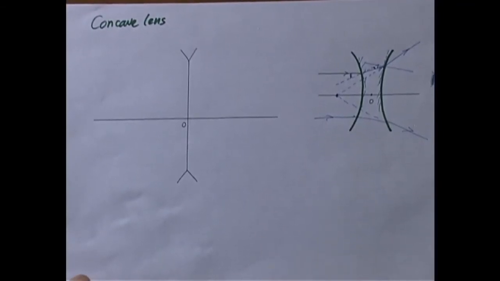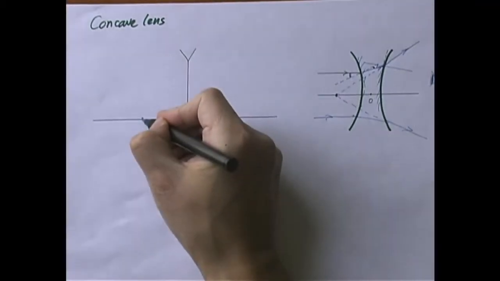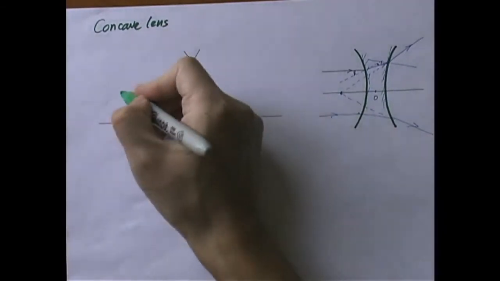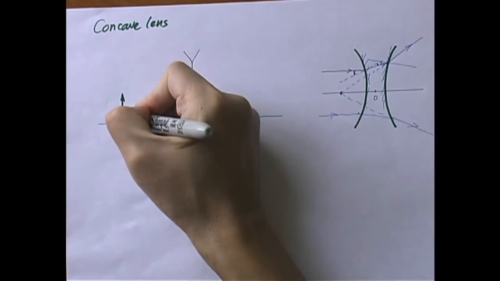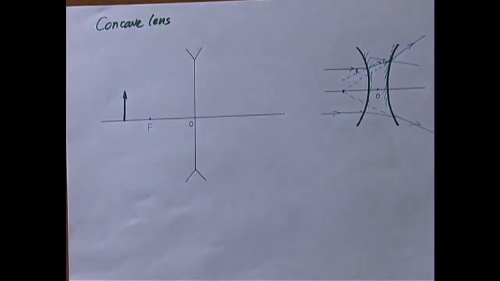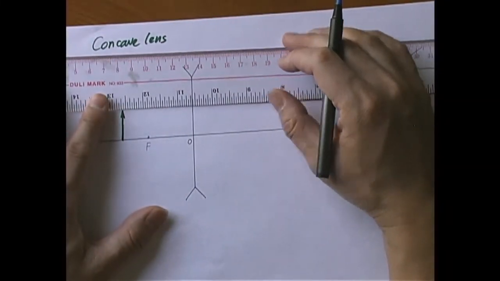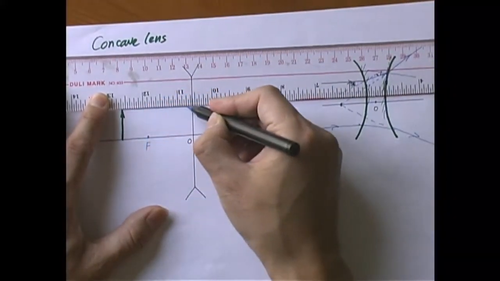Alright, given this idea, we can now draw ray diagrams to form an image of any object by a concave lens. I have here a virtual focal point. Right? Now suppose I have an object here. I want to know where the image of this object is. Again, two rules. Rule number one, a beam that is parallel to the optical axis.